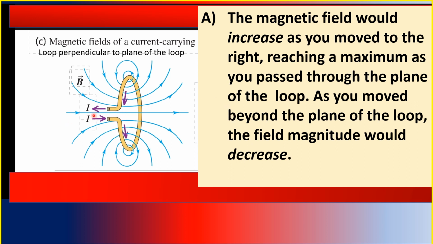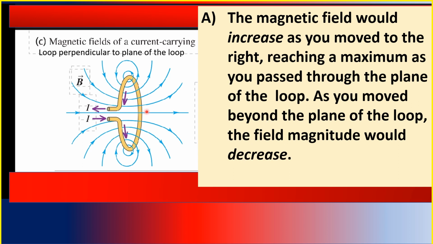You will notice that as you approach the point exactly at the plane of the loop, the magnetic field lines are very close to each other, indicating that the magnetic field is greatest or maximum at that point exactly at the center of the loop.